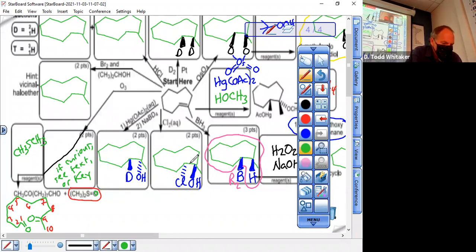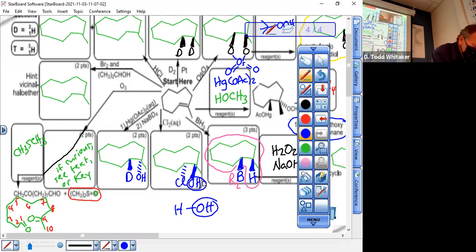All right, now we did a reaction with Cl2 and water. Why am I pointing that out? Because it's the same reaction as bromine and an alcohol, except water, which is HOH, puts OH here.